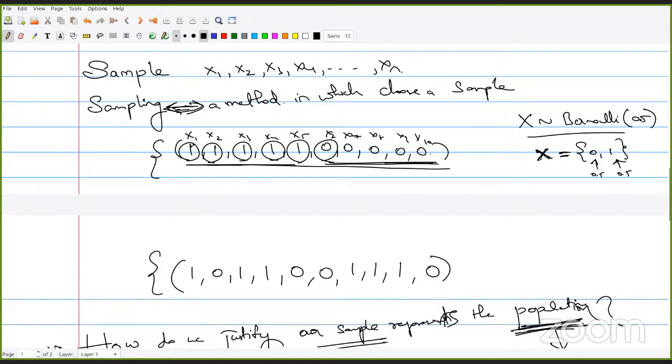So that is x1. Let us consider it as a coin toss experiment: if it is tail it is 0, if it is head it is 1. The first time I tossed the coin it turned out to be head. So that is x1.